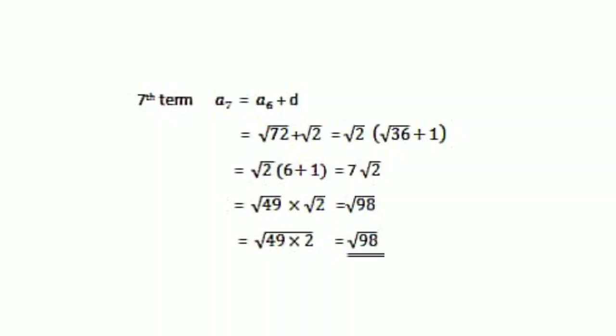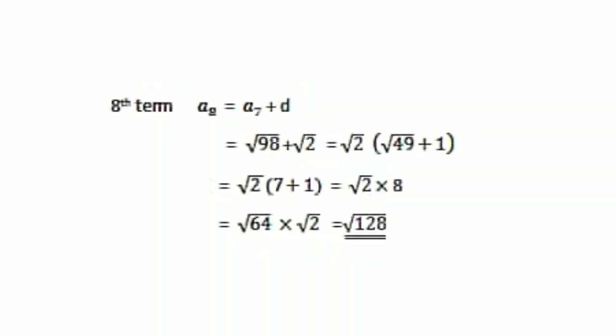So root 2 into 6 plus 1. 6 plus 1 is equal to 7. So 7 root 2. The square of 7 is 49. Therefore, root of 49 into 2 is equal to root 98. So the seventh term is root 98.